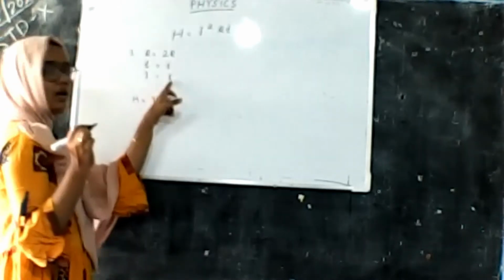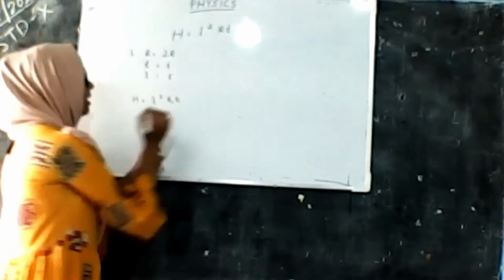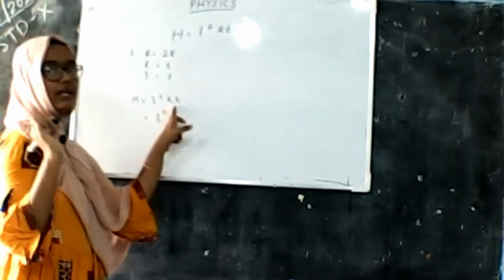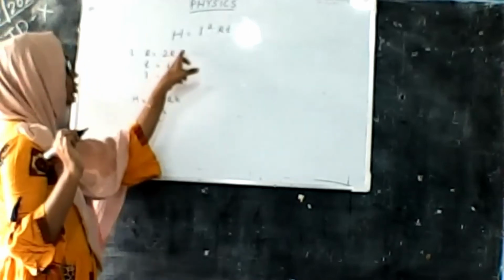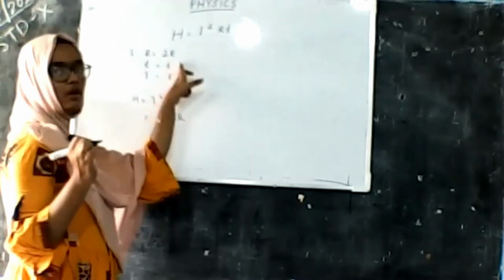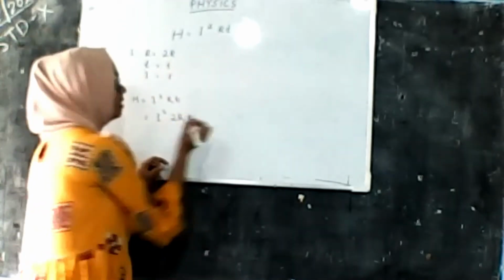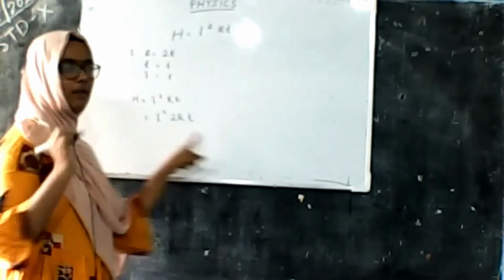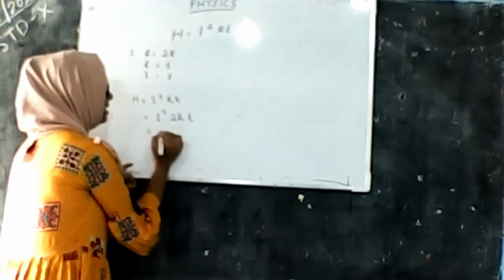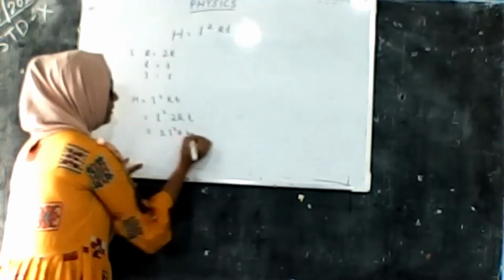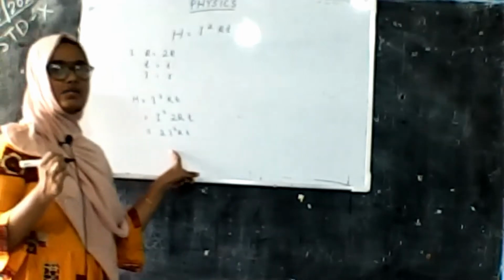The resistance R is equal to 2R, so put 2R, and the time is always T. So we got I square 2RT, and finally 2I square RT. H is equal to 2I square RT.